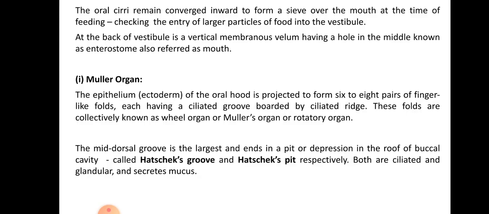Now what does this wheel organ or Muller's organ do? They set up a vortex or whirling movement of the water current to sweep the food particles that come through the incoming water. Out of all the 6 to 8 pairs of finger-like folds, the mid-dorsal groove is the largest, which ends in a small depression or pit on the roof of the buccal cavity.